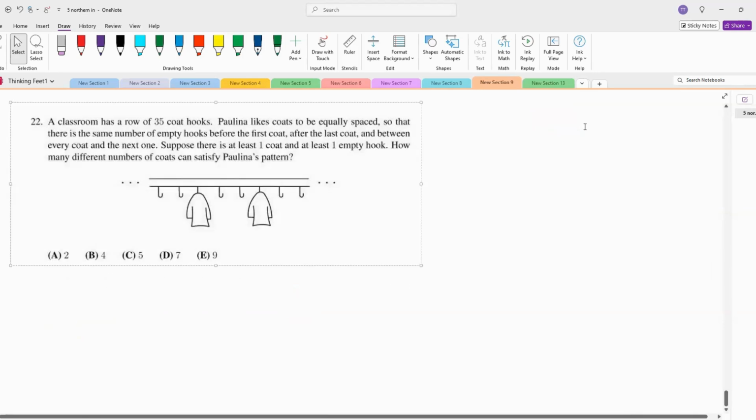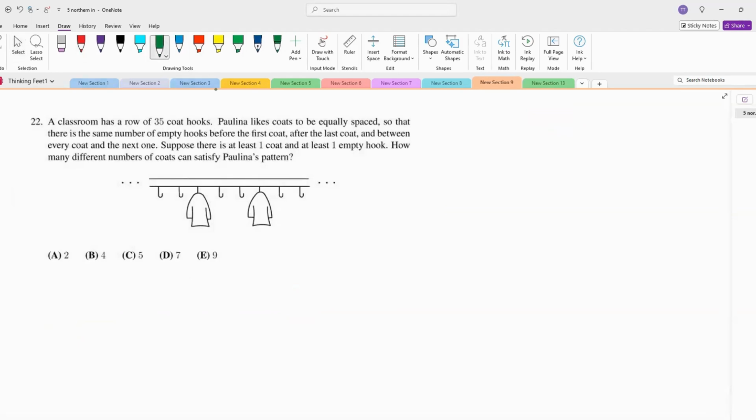So it says a classroom has a row of 35 hooks, right? And Paulina likes coats to be equally spaced so that there is the same number of empty hooks before the first coat, after the last coat, and between every coat and the next one. So let me draw an example. Let's say these are coats, right?